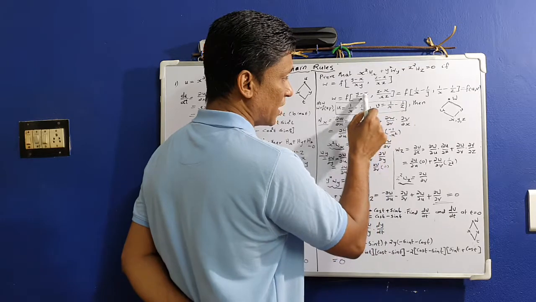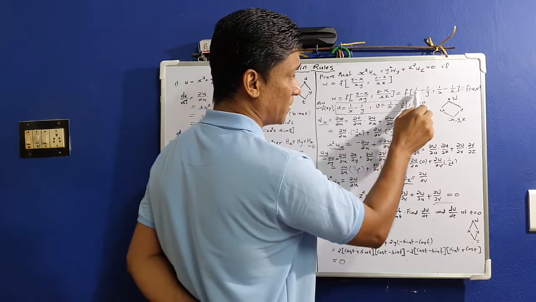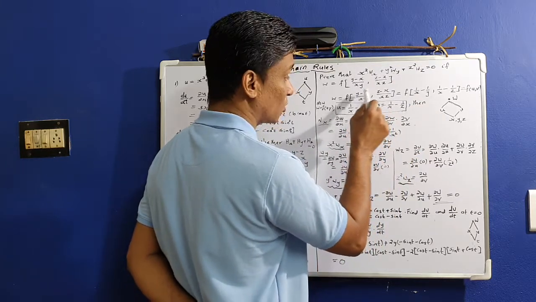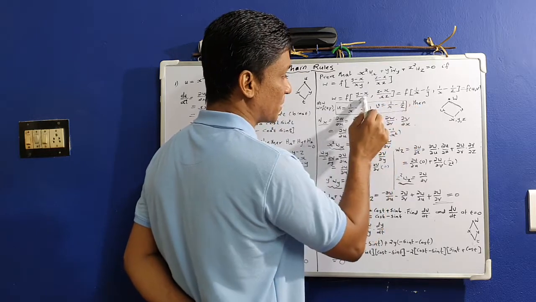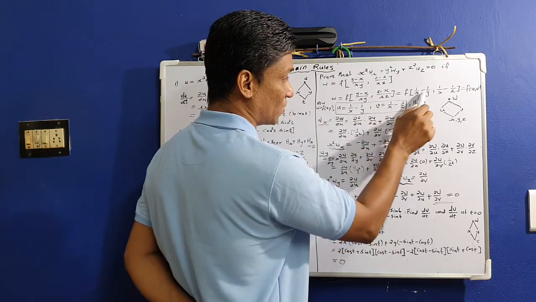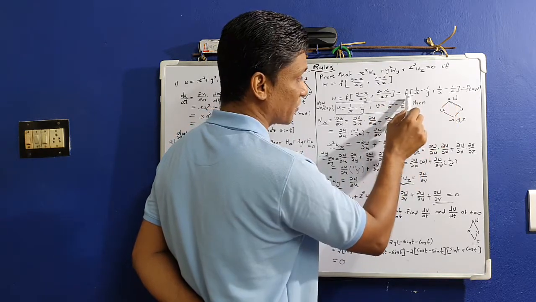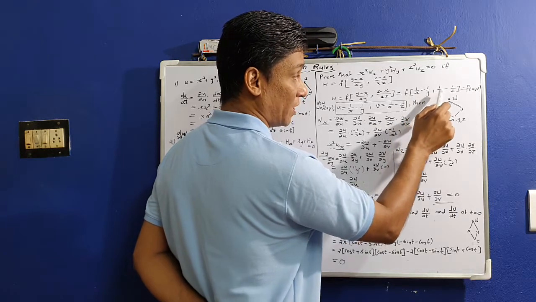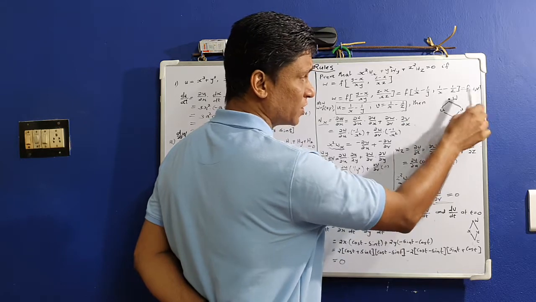Splitting the numerator, you get f of 1 by x minus 1 by y, comma 1 by x minus 1 by z. I am putting this as f of u, v.